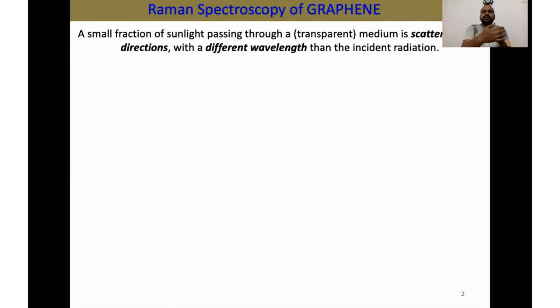If we consider the scattered part, which may be very little, 1 or 2% or 5%, the wavelength of that scattered light may not be the same as the incident radiation. This kind of difference was noticed by Dr. Raman, and he explained all this and why it is happening.